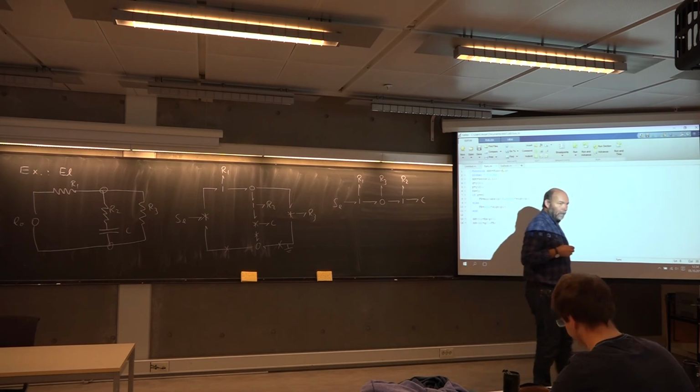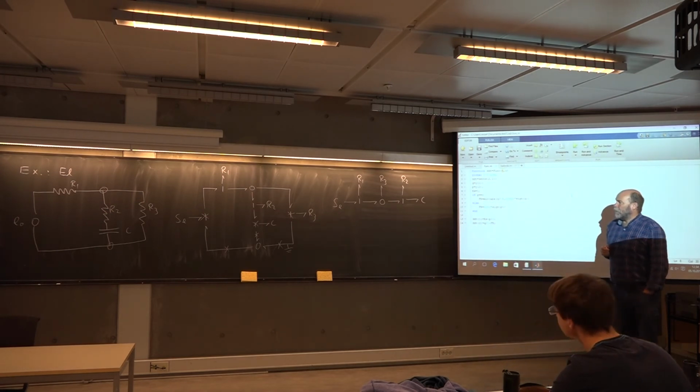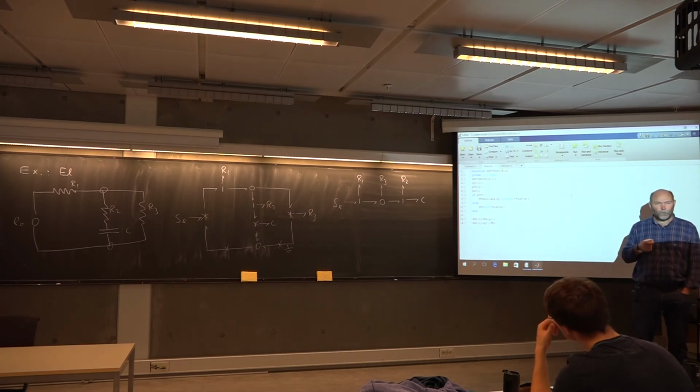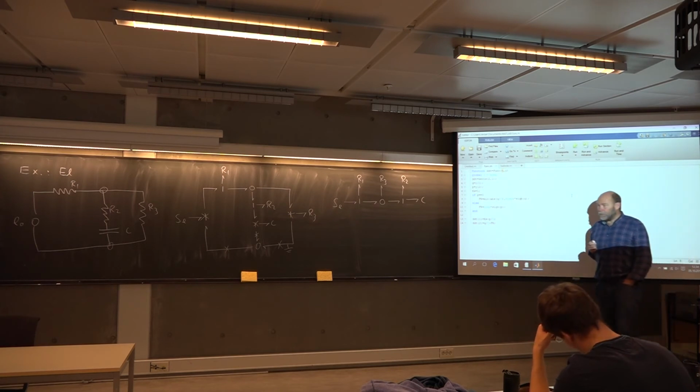So that should be my simplified bond graph. Everybody with me on that one? Nope, no protesting. So then it must be correct.